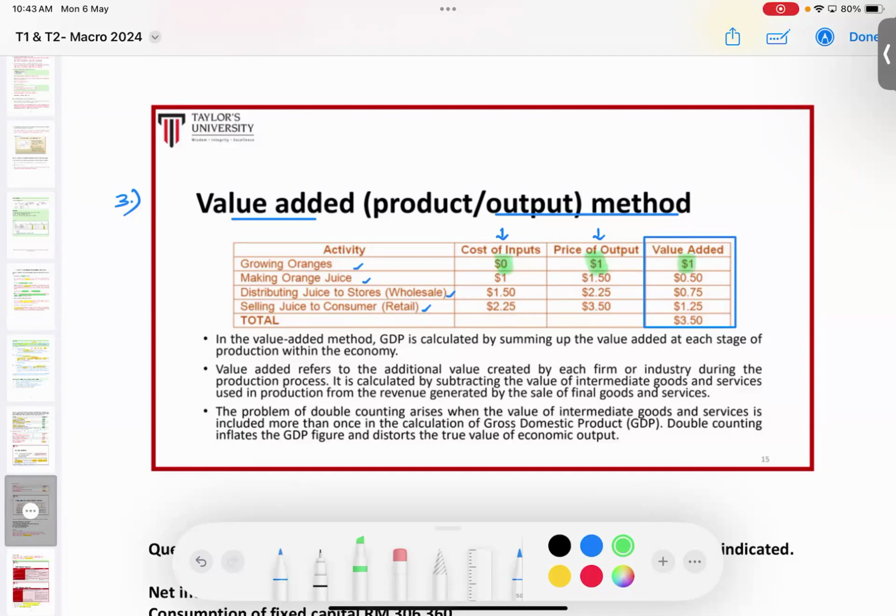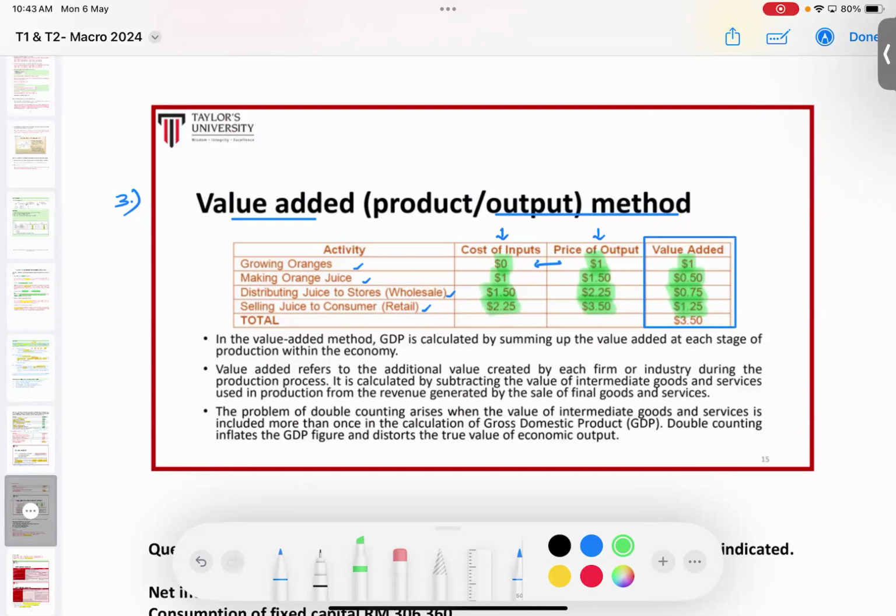That's the value added, because in between, I'm finding the value added part. Same thing, 1.5 minus 1, I get this one. This one minus this one, I get this one. And these two difference, I get this amount.